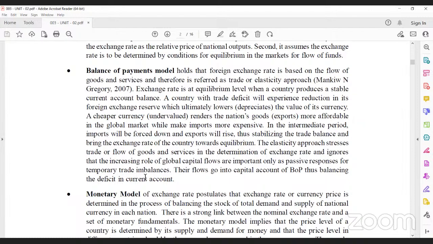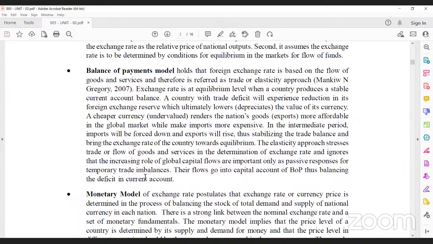In the intermediate period, imports will be forced down and exports will rise. This enables stabilizing the trade balance and brings the exchange rate of the country towards equilibrium, where there is a proper balance of imports and exports.